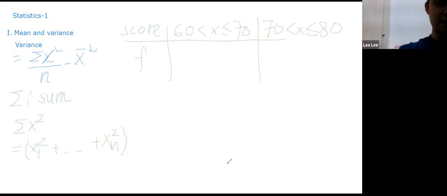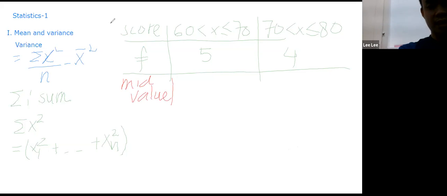And let's say the frequency is 5 and 4. So if you want to find the mean and the variance, you have to add the mid value first, which we already learned in E-maths also. So the mid value is 65 and the mid value is 75.